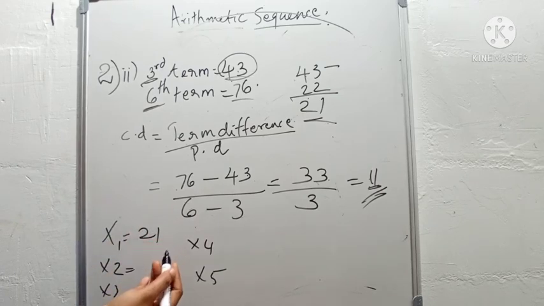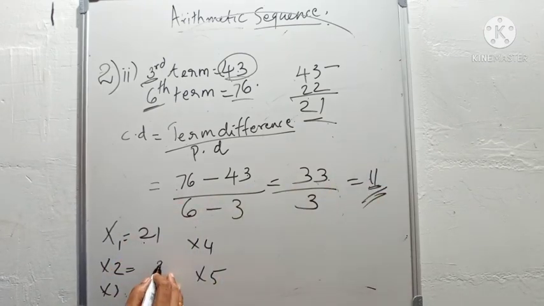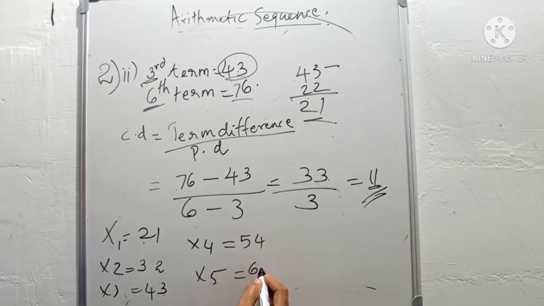Then the next term is 21 plus 11, that is 32. The third term is 43. The fourth term is 54 and the fifth term is 65. So these are the first 5 terms of this sequence: 21, 32, 43, 54 and 65.